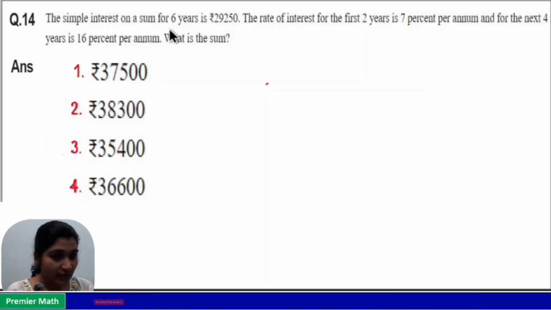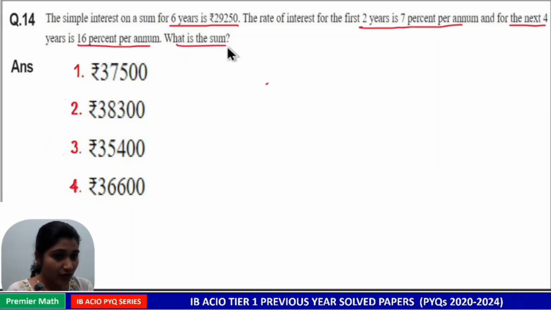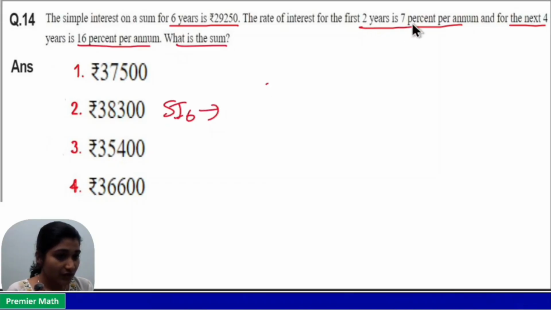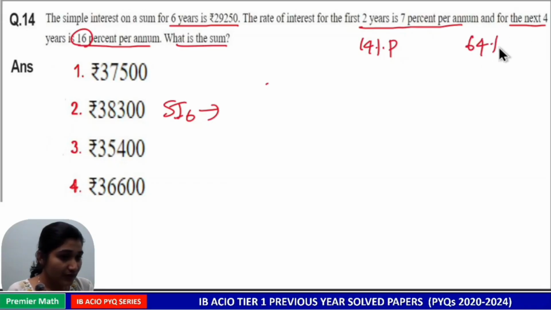The simple interest on a sum for 6 years is 29250. The rate of interest for the first 2 years is 7% per annum and for the next 4 years is 16% per annum. What is the sum? Here the simple interest is generated in 6 years. For the first 2 years, 7% per annum means 7 into 2, 14% of the principal is the total interest generated in 2 years. For the next 4 years, 16% per annum means 16 into 4, 64% of the principal is the total interest generated in those 4 years.